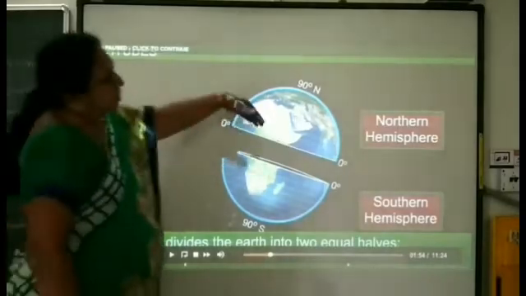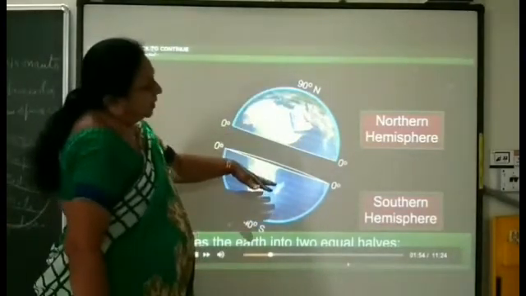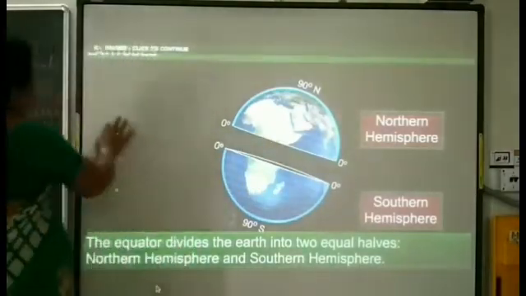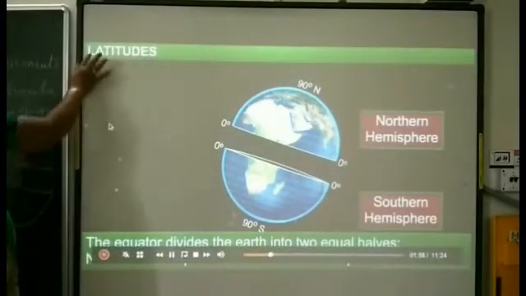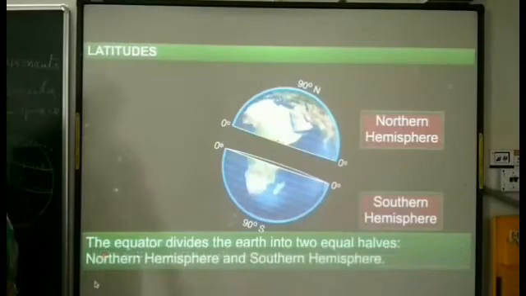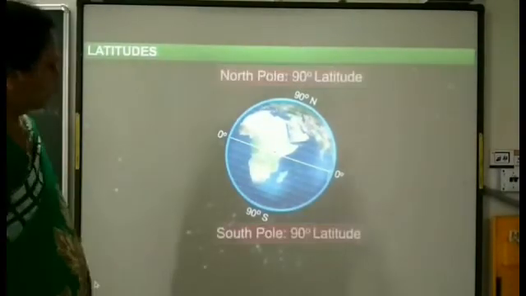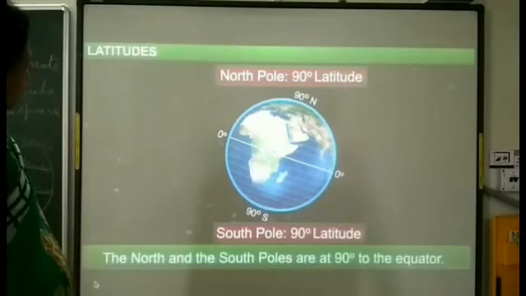So the upper part is called the northern hemisphere, the lower part is called the southern hemisphere, and the line between is called the equator.